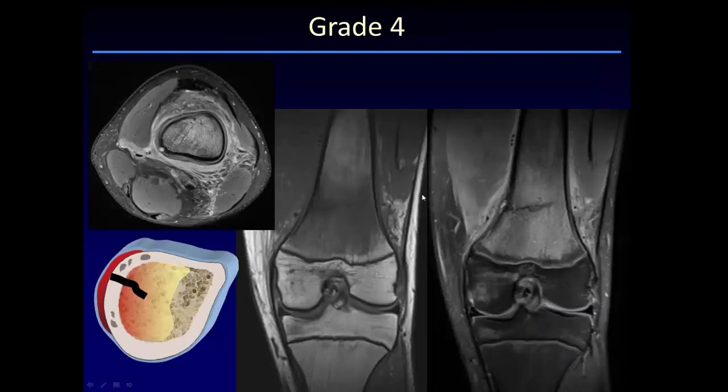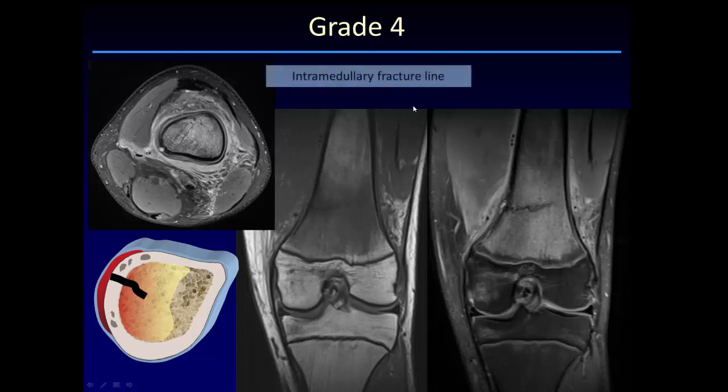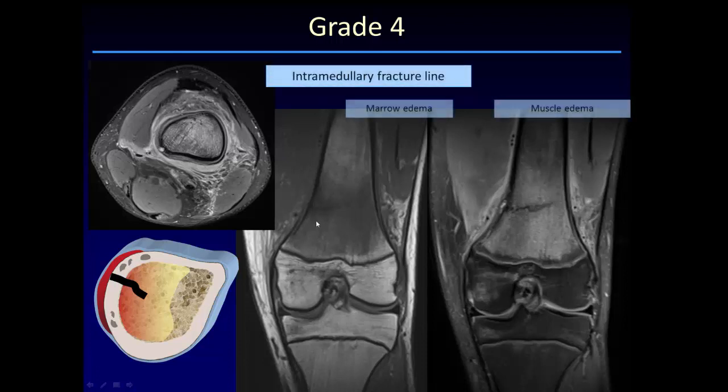And then the final stage that we have is where the fracture line enters the medullary space. It's very easy now, where we have intracortical extension and intramedullary extension. And once the intramedullary fracture line becomes evident, the patients are usually very symptomatic at this point.